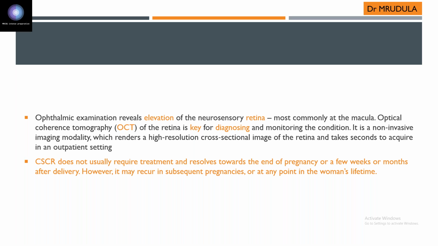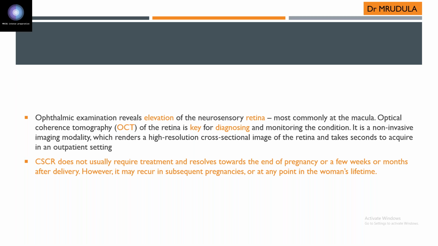Another diagnostic test for CSCR is optical coherence tomography, known as OCT scan. It reveals the elevation of the neurosensory retina at the macula. This OCT is the key for diagnosis of CSCR and for monitoring the condition.